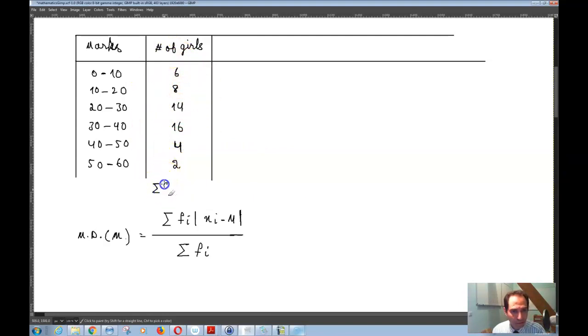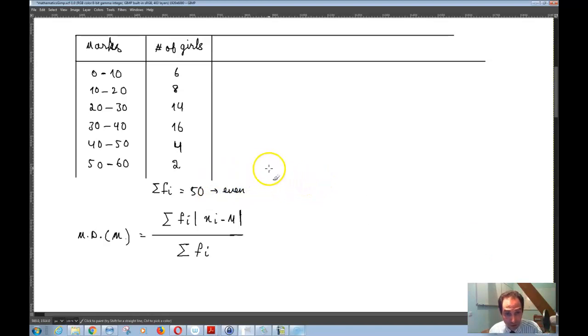So sigma f of i is equal to 6 + 8 + 14 + 28... you have a 28 there, and then you have 22 there, so that's 50 observations. The number is even.